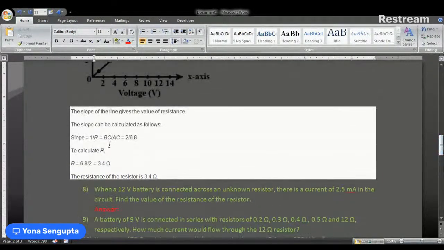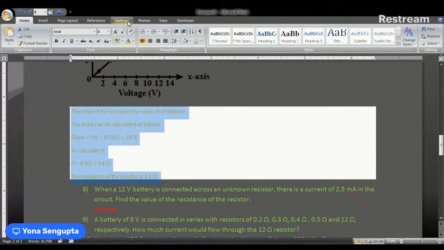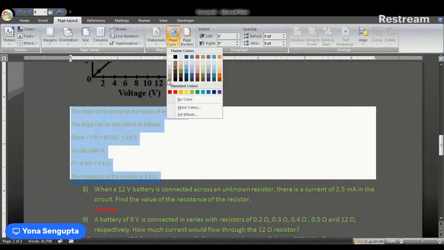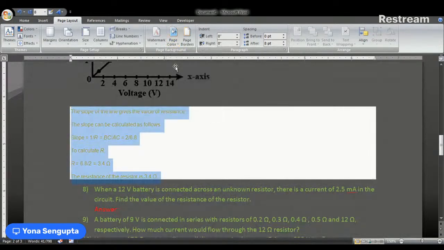Okay. Next is number 8. Question number 8 says that when a 12-volt battery is connected across an unknown resistor, there is a current of 2.5 mA in the circuit.